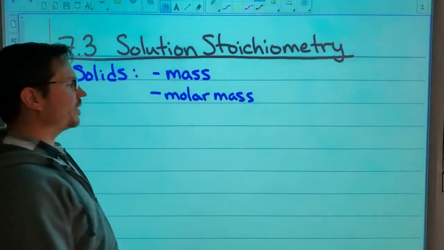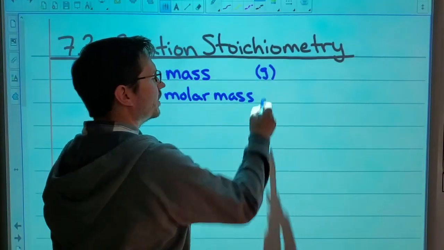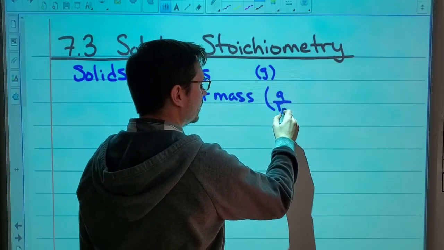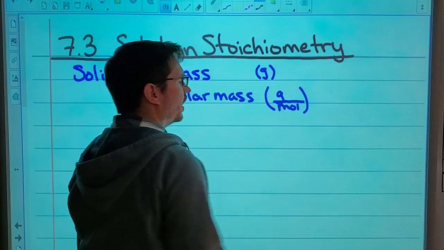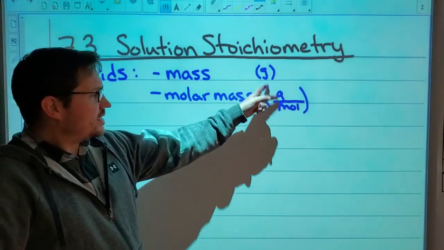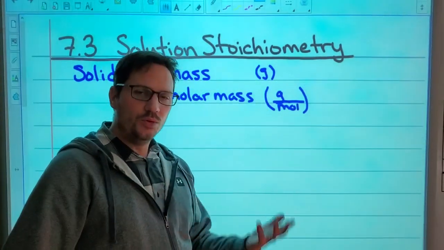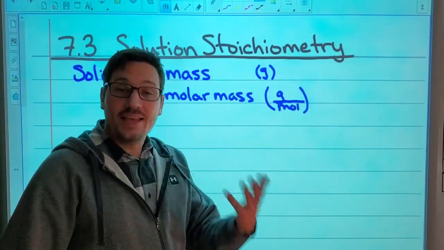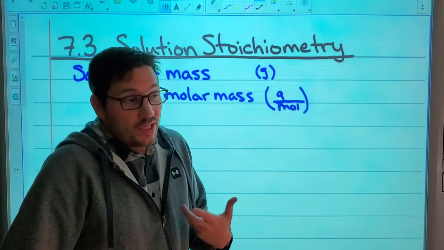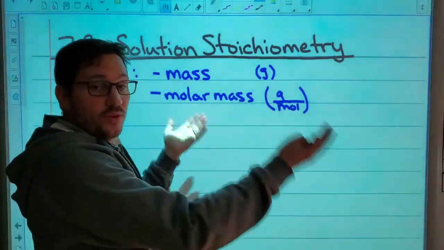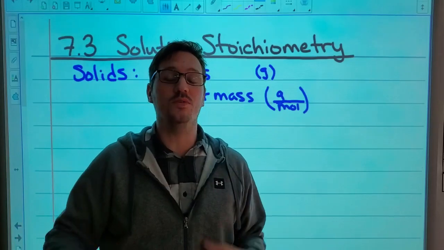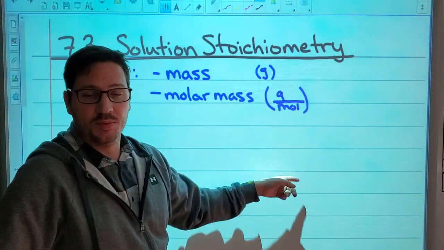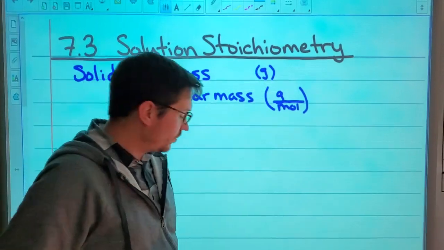The mass is typically measured in grams, and the molar mass is measured in grams per mole. We can use these two in unit analysis: the grams cancel out and we get moles. That's helpful for stoichiometry because the way we transfer from one thing to another is using moles and the molar ratio.